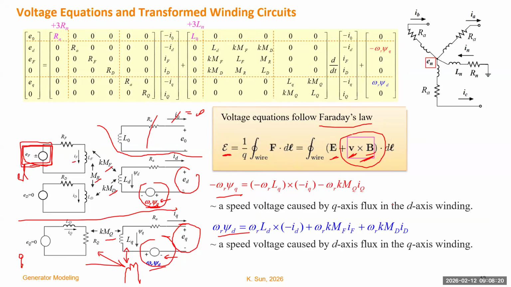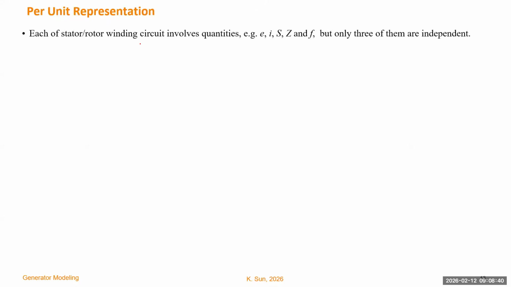If the generator speed becomes zero, omega r is zero, it's not revolving, and this term will be gone. The main power will then be from the field voltage, so the generator will downgrade to a transformer.